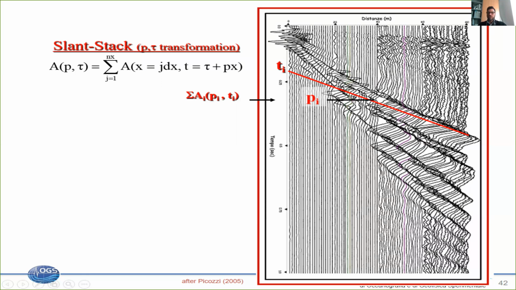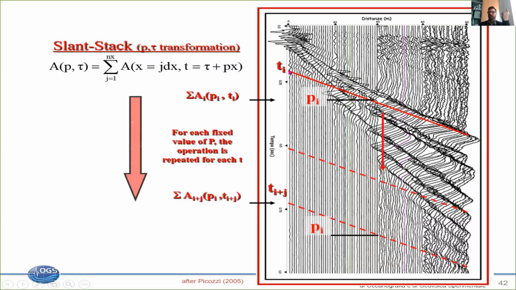I start with the first sample, I sum all the 60 points here, and I have the first point of a new seismogram. Then with the same slope, I go to the next point and make the summation, then point number 3, and so on. So for one slope, I have one new seismogram, which is the summation along these red lines.